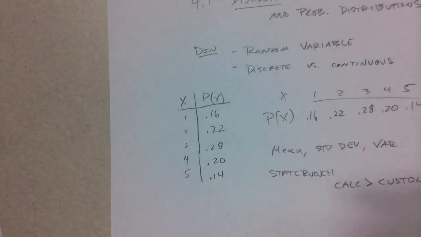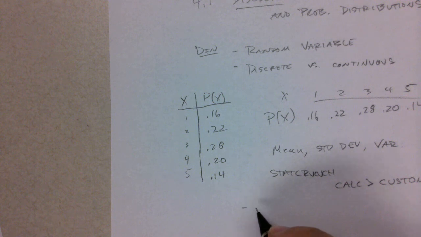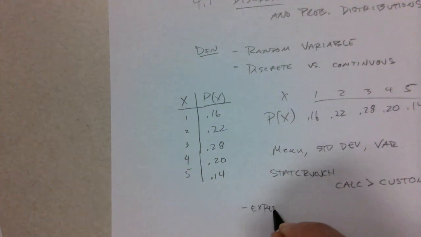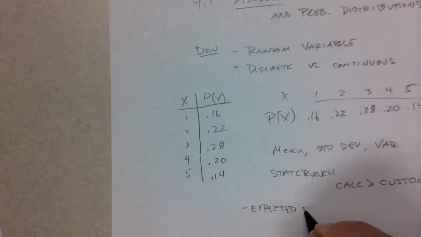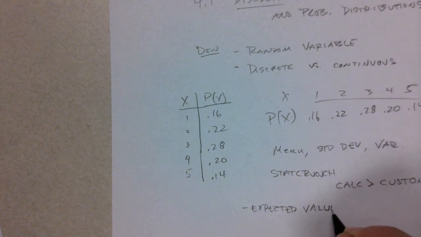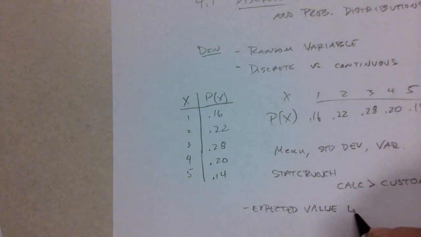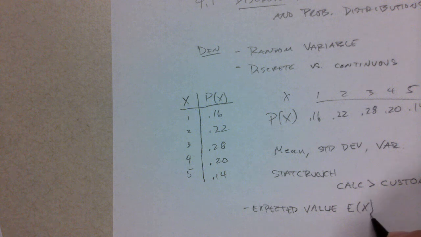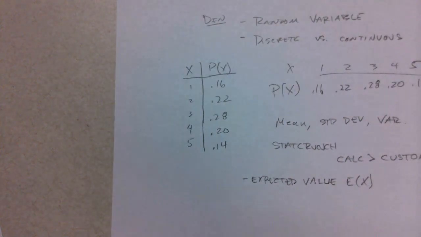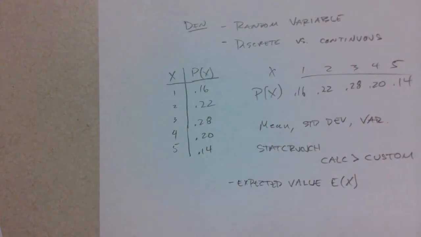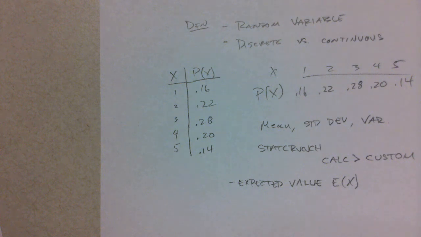The other thing, as far as the definition goes, is expected value. All right, so that's written like this. And that is what you would expect if you did the probability experiment thousands of times.